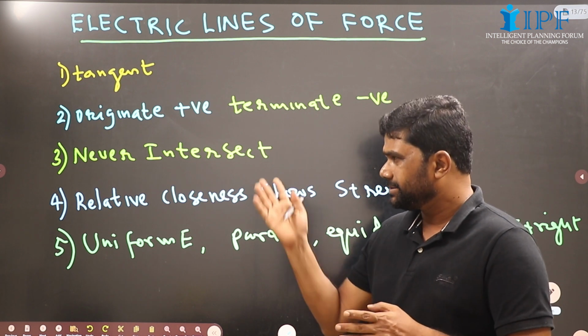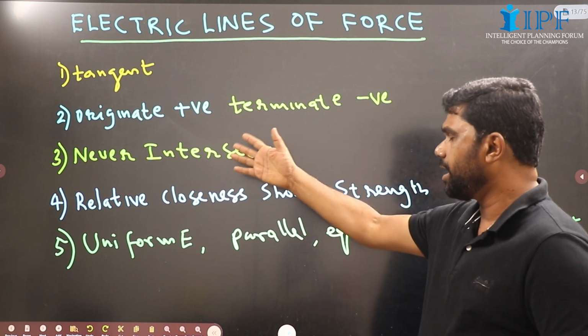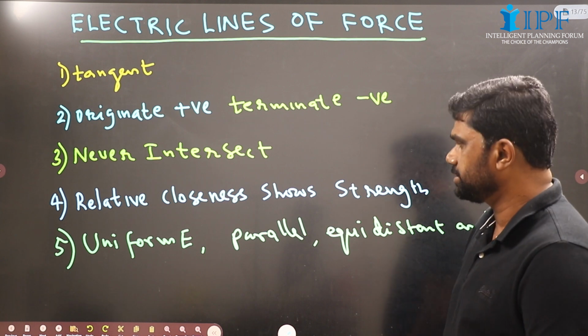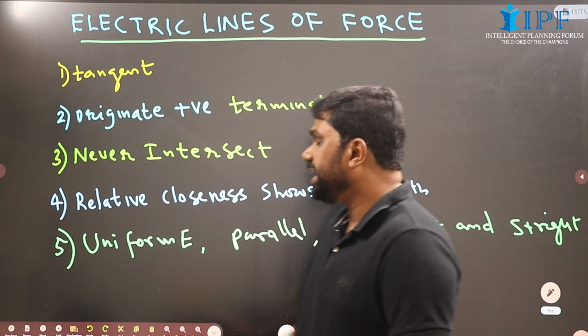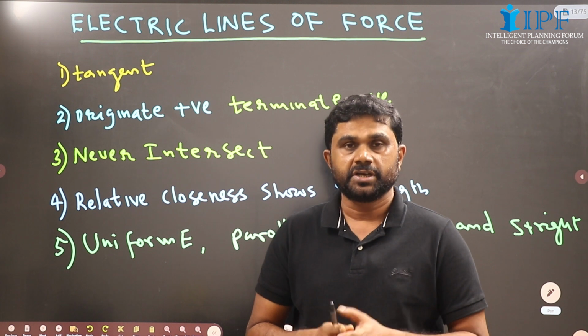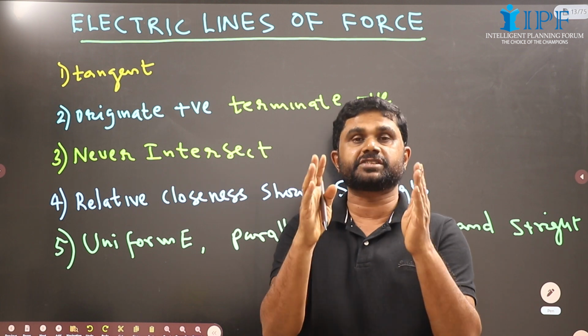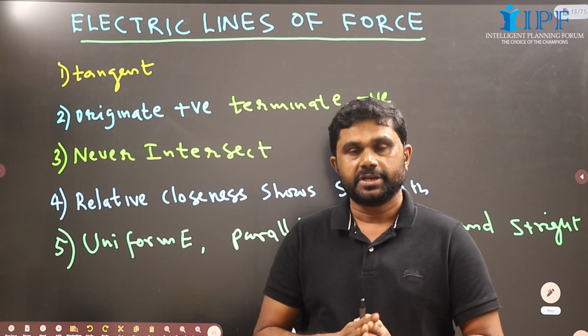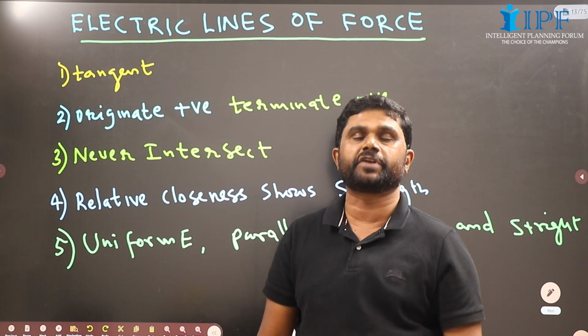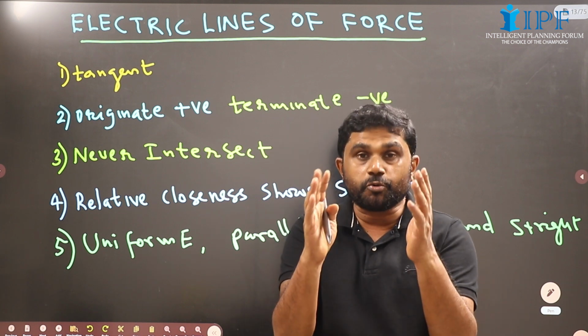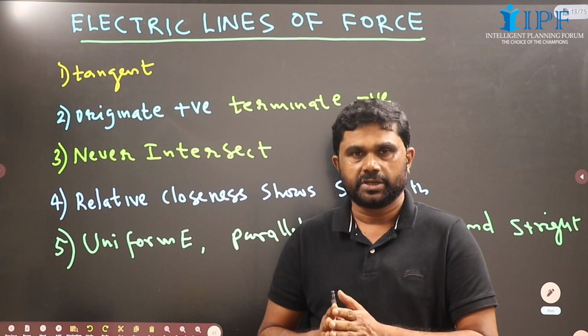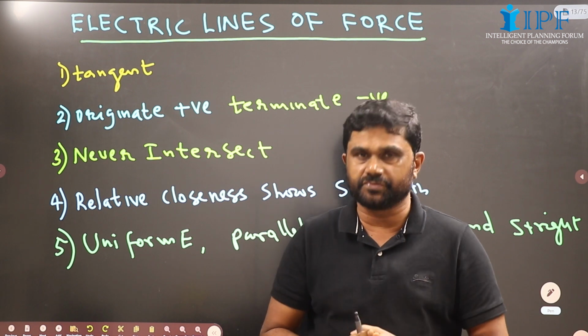Everywhere you might have heard this, they can never intersect. And the next property that is very important: relative closeness of electric lines of force is a measure of the intensity of electric field. If there are crowded lines, the field is strong. If there are distant lines, the field is weak.